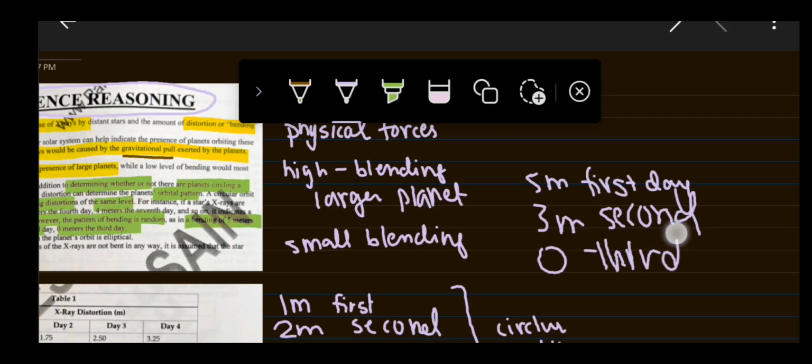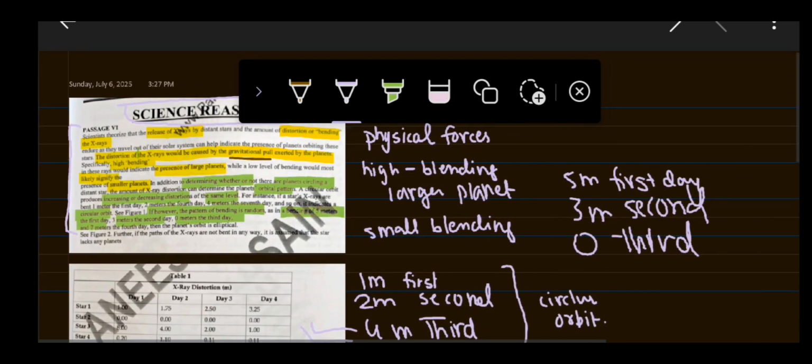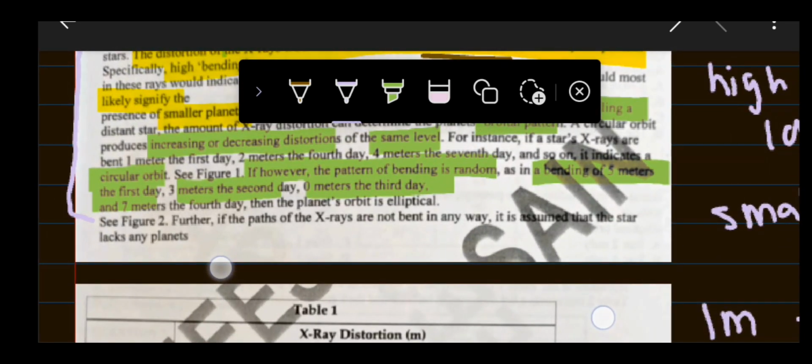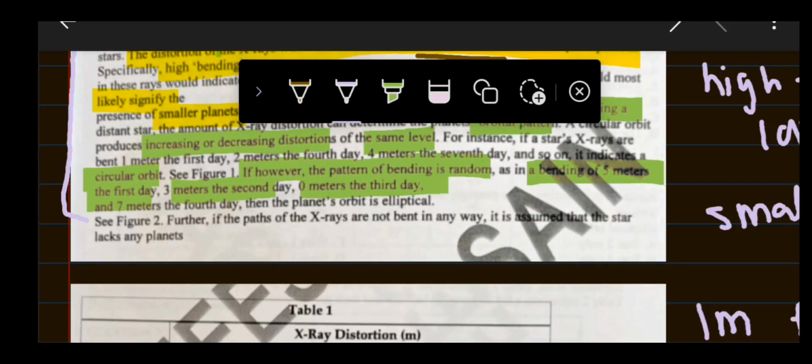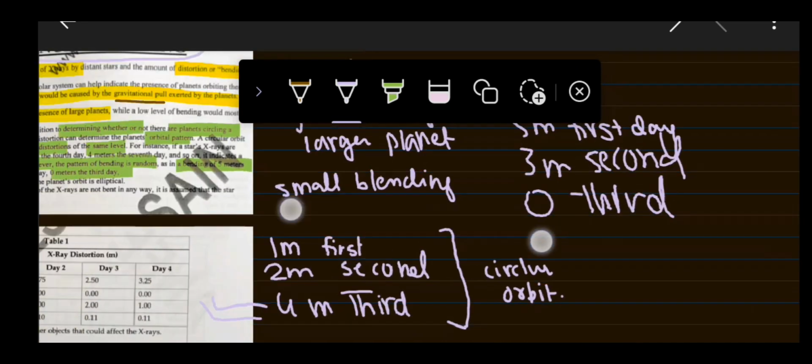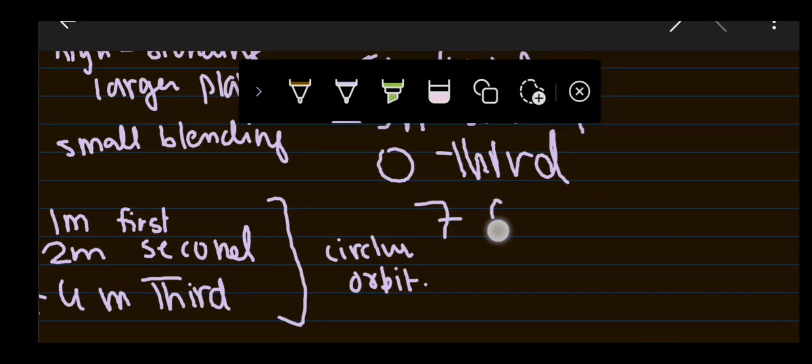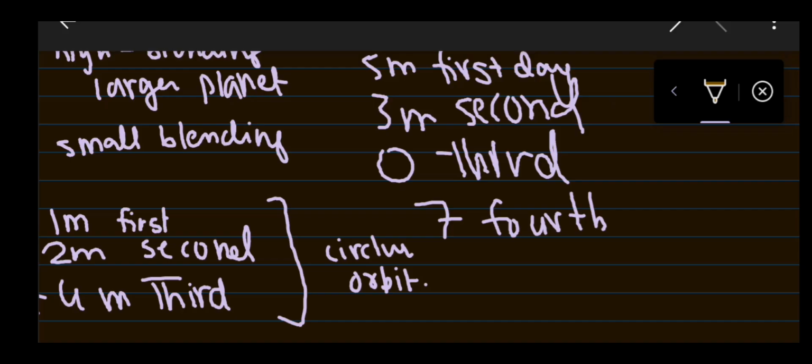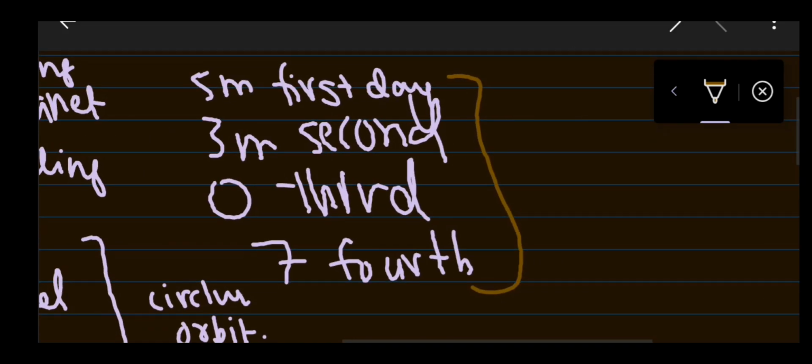So here you can see it is a decreasing order. This is okay. After that, they say 7 meters on the fourth day too. So this is not decreasing; this is in a random direction. This is a random process.